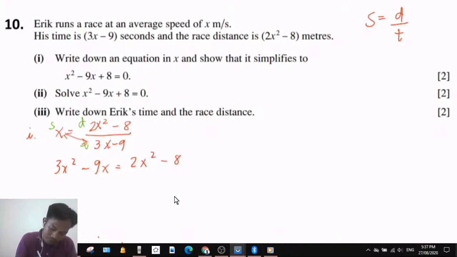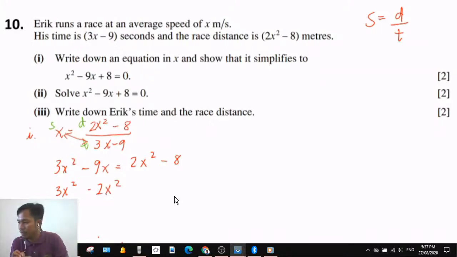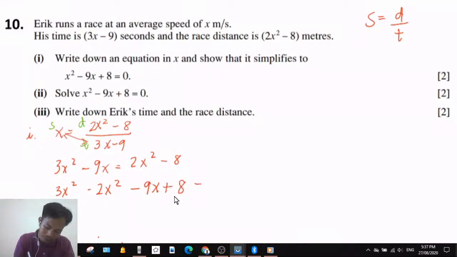So you'll come up with 3x squared minus 2x squared, minus 9x plus 8 is equal to 0. So I'll have now x squared minus 9x plus 8 is equal to 0. So this is question number 1 we are able to show.